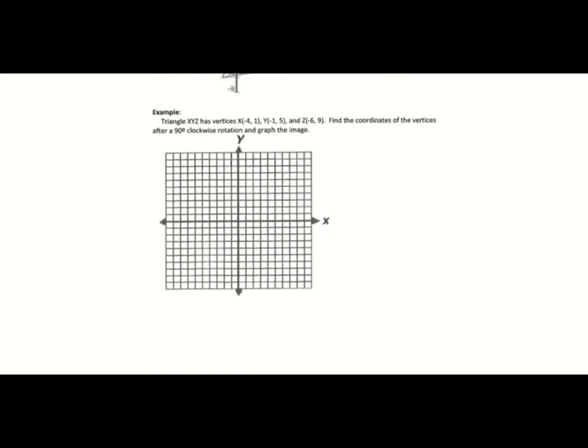So let's do an example. Start by graphing. So I have x is -4, 1. y is -1, 5, and z is -6, 9.